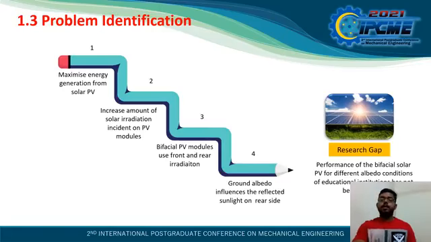But at the same time, the amount of solar radiation that strikes the backside is influenced by one factor called ground albedo, which varies from one surface to another. So in this work, the performance of bifacial solar PV system for different albedo conditions in an education institution is studied.